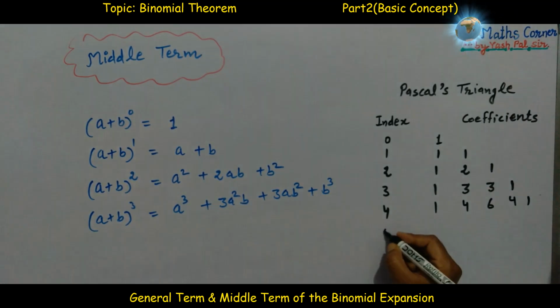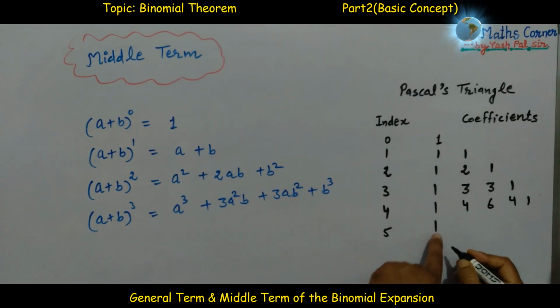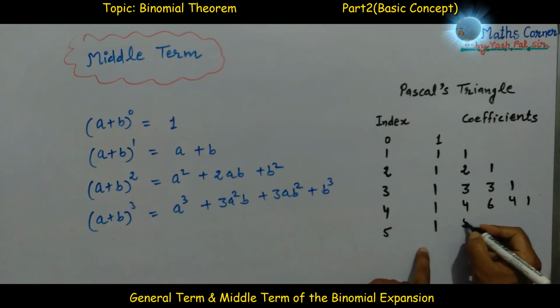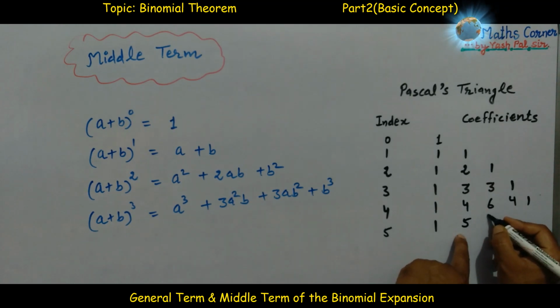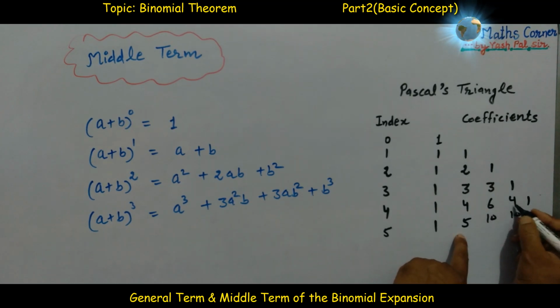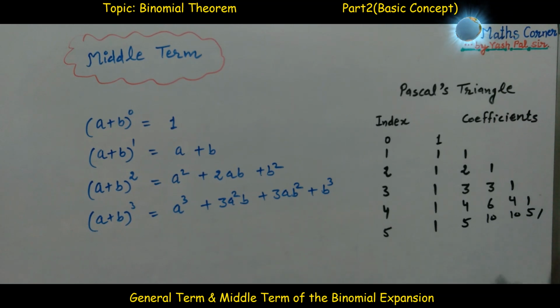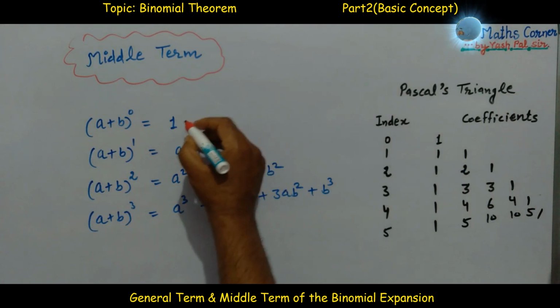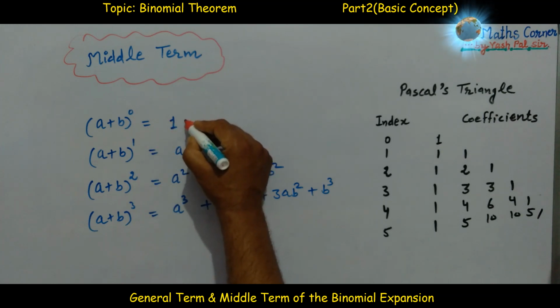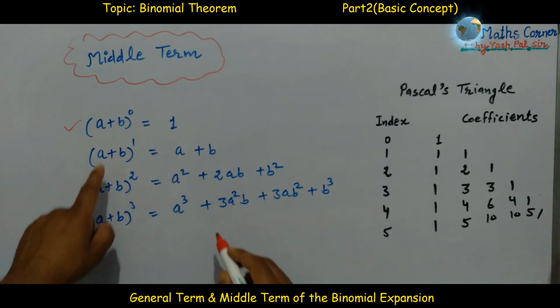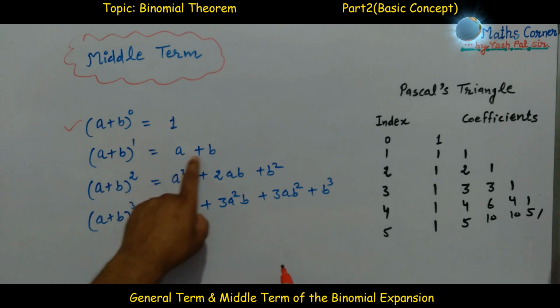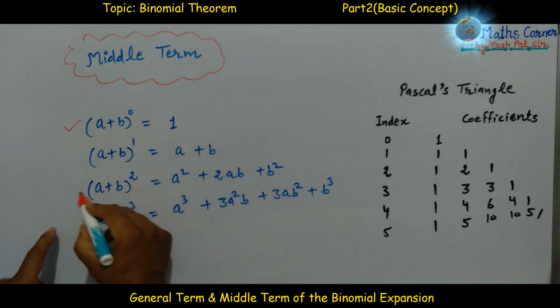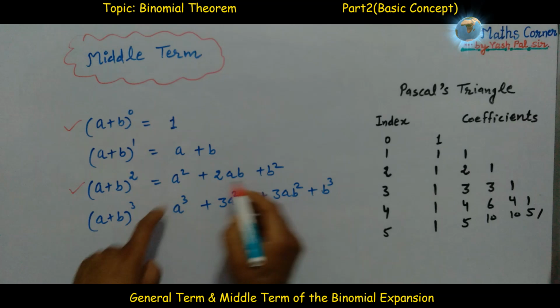Next we proceed to 5, we start with 1, 1 plus 4 is 5, 4 plus 6 is 10, 6 plus 4 is 10, 4 plus 1 is 5, 1, like this. Okay, what conclusion do we get? If index is 0, then we have only one term. When index is 1, then we have two terms. When index is 2, then we have three terms.